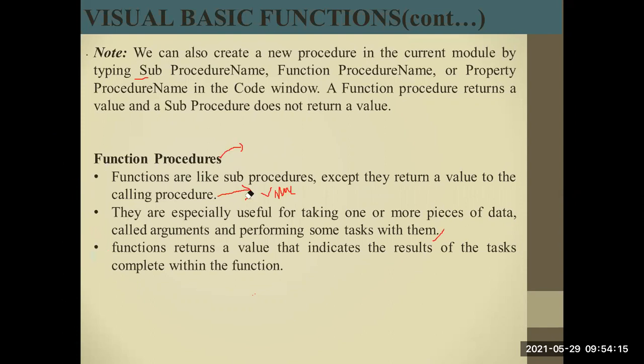Or they may ask what you mean by procedures, and what the different procedures supported by visual programming are. Then you have to discuss each and every procedure, starting from the sub procedure, explaining its syntax with the help of an example. Then what you mean by an event procedure, why event procedures are very important, and how they are defined.